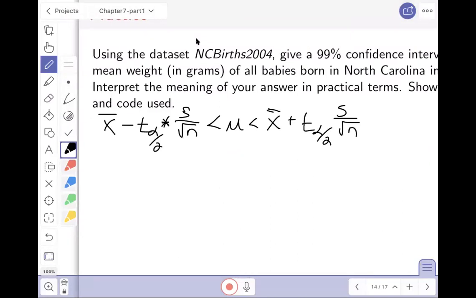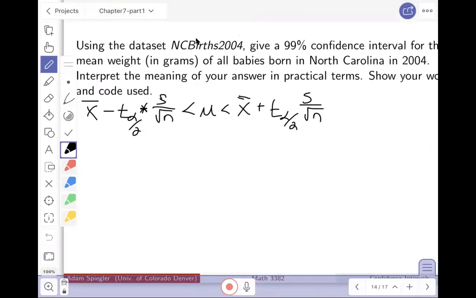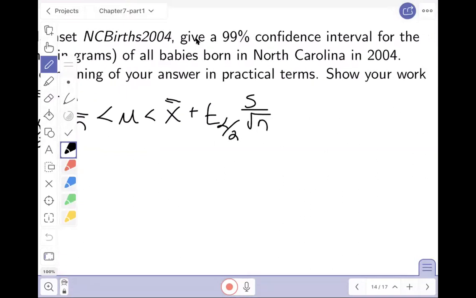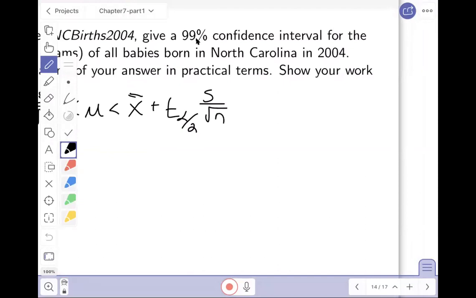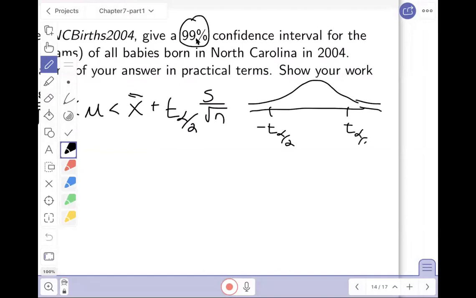Okay, so when we've got a really large data set such as this one, we're really going to want to use R to calculate these values. The first thing that I want to make a note of here is we are finding a 99% confidence interval. So what that means, for these values of minus T alpha over 2 and T alpha over 2, is that the area in the middle should be the 99%.